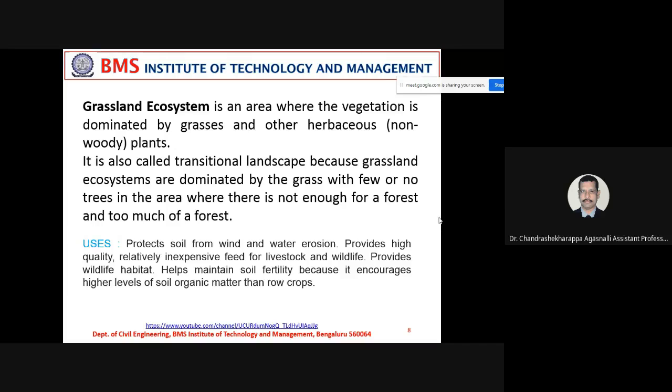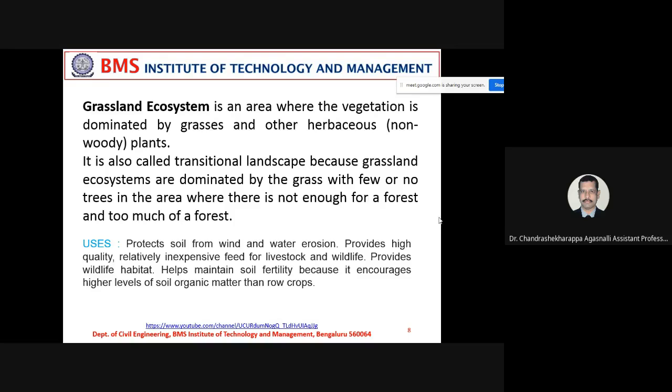Okay, and it provides a high quality, relatively inexpensive feed for livestock and wildlife. Benefits of forests, uses of forest: it provides high quality feed for livestock and wildlife. Okay, we are all living in the cities, but animals live in the forest.